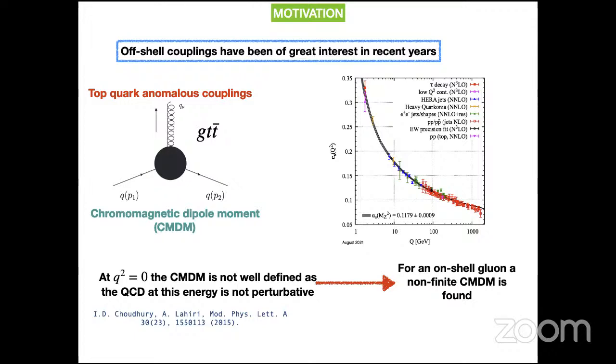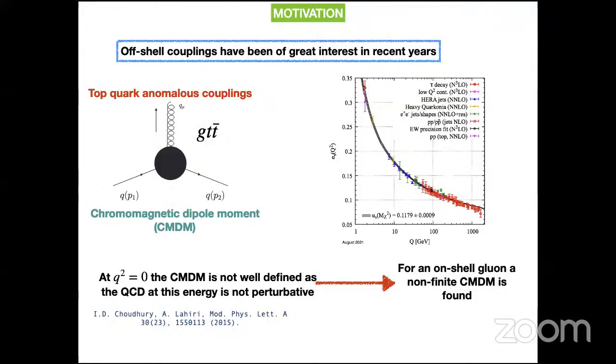For this condition, we are working at a very low energy level of the coupling constant. As you know, the QCD coupling constant is very strong at very low energies. So at this energy level, the chromomagnetic dipole moment is not well defined, so it cannot be studied in perturbative theory.